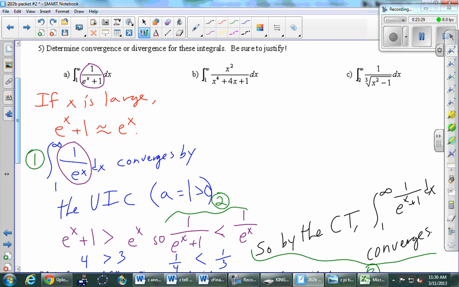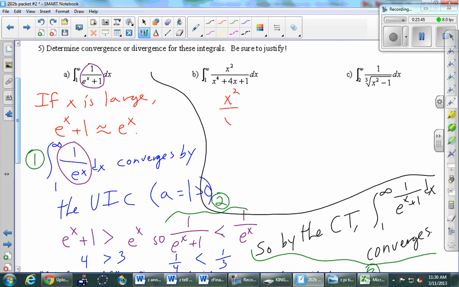So let's ignore everything except those leading terms. What am I going to do? We're not going to have space for all three of these here, so I'm going to do the last one on another page. Okay, so what we're going to do is ignore everything except the leading terms. So I've got x squared over x to the fourth, which is also known as 1 over x squared.